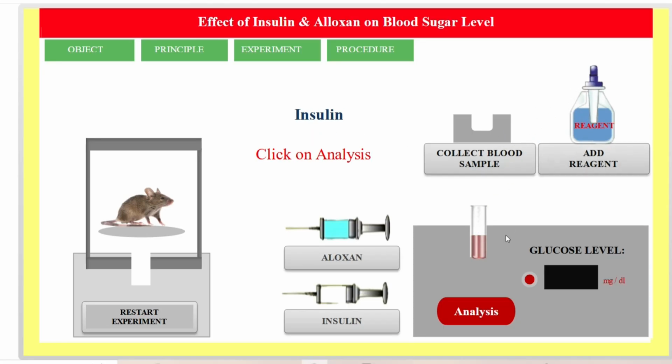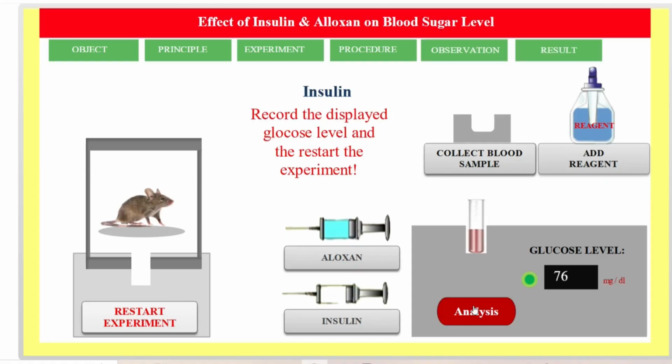We will take the reading in the glucometer. It is 76 mg per dL. So it is hypoglycemic. Earlier it was normal glucose level 86, and after giving insulin it is reduced to 76, means it is hypoglycemic.